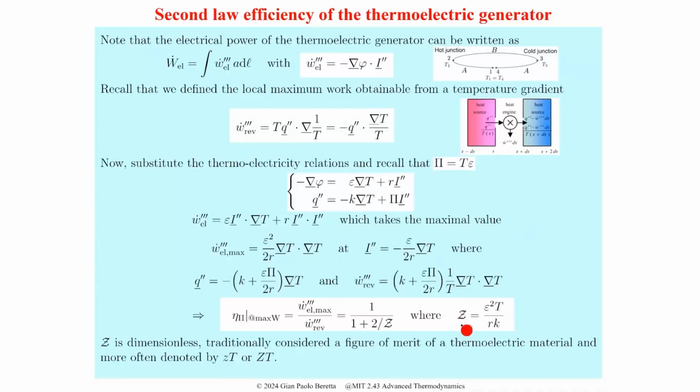Often in these kinds of derivations of this parameter, you assume constant Seebeck coefficient or constant thermal conductivity, which is only for the purpose of the derivation and not in order to arrive at this expression. Okay.